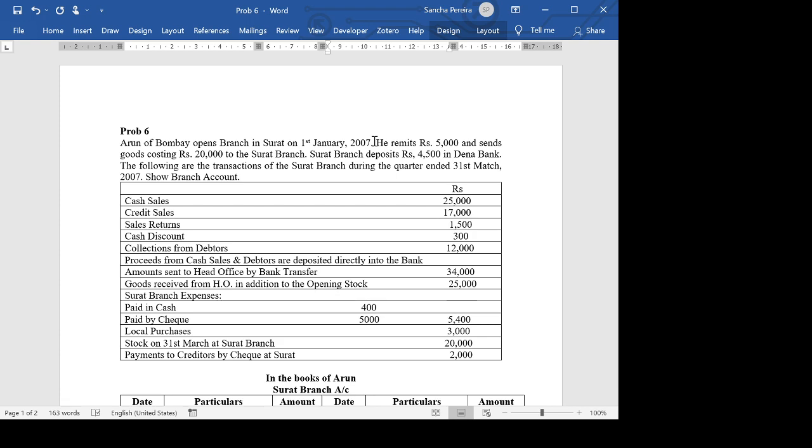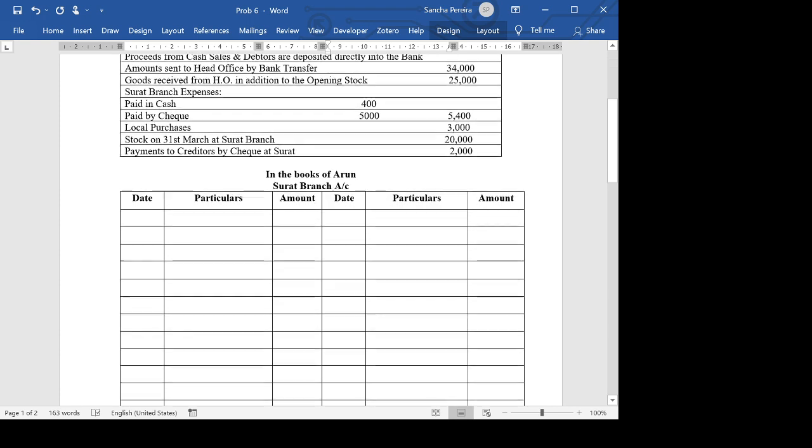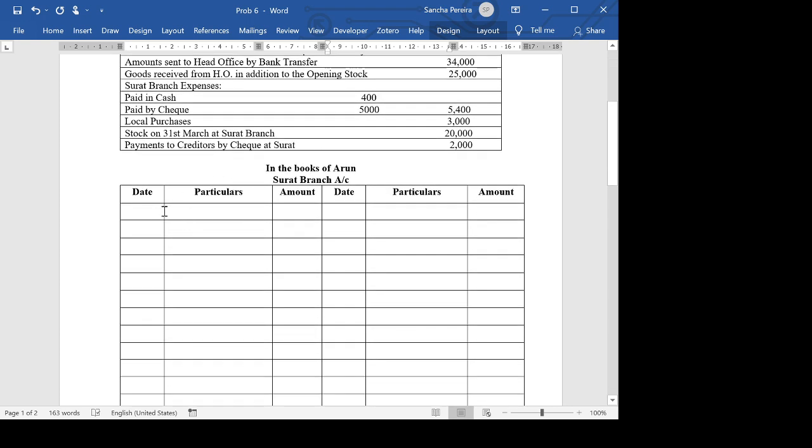He remits rupees 5,000 and sends goods costing. So, the first thing that he does is he sends 5,000 rupees.